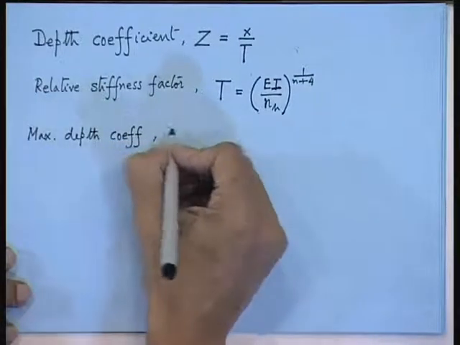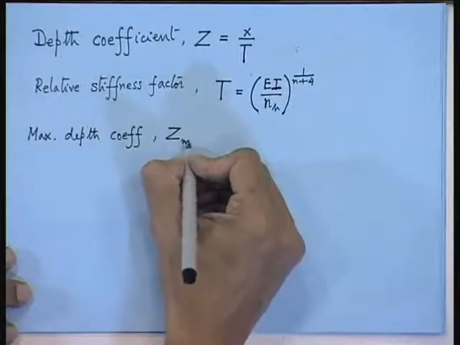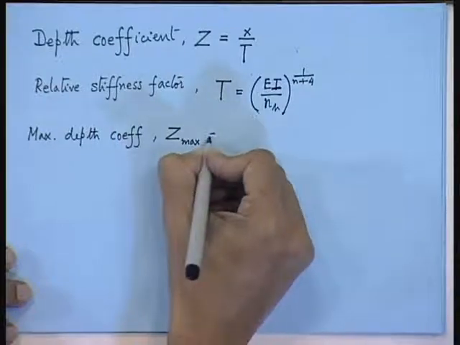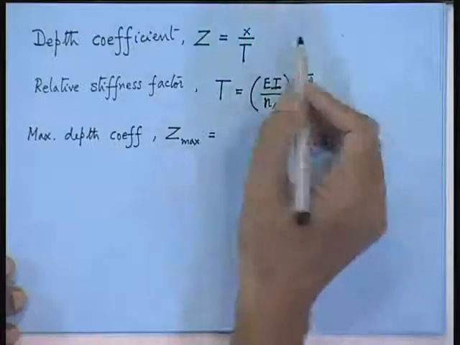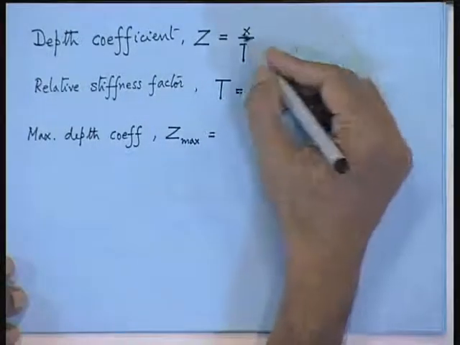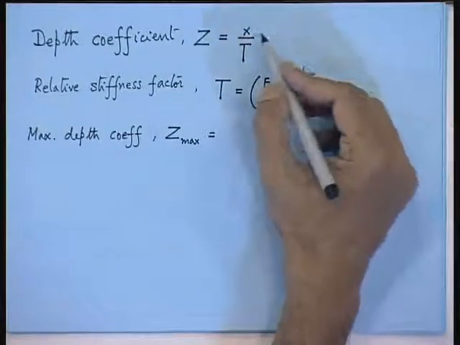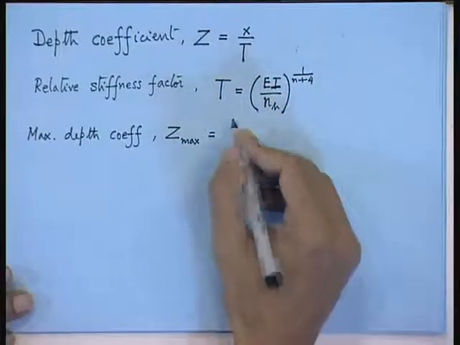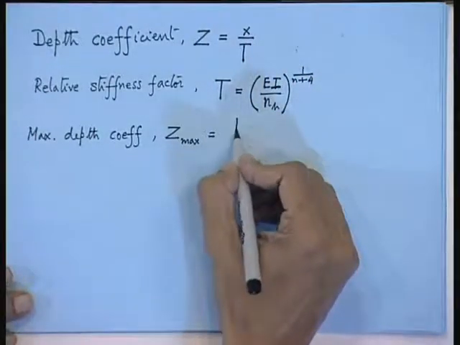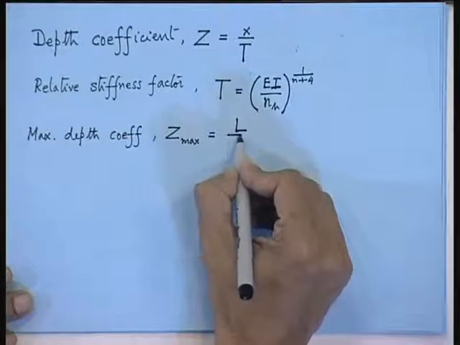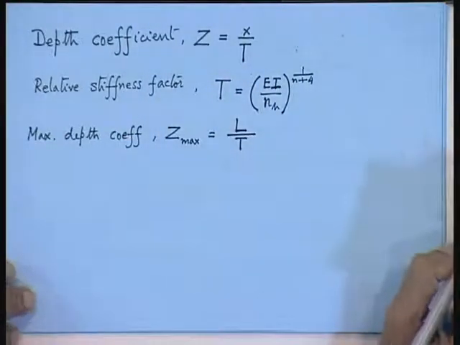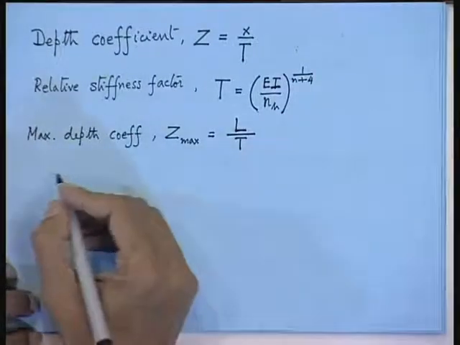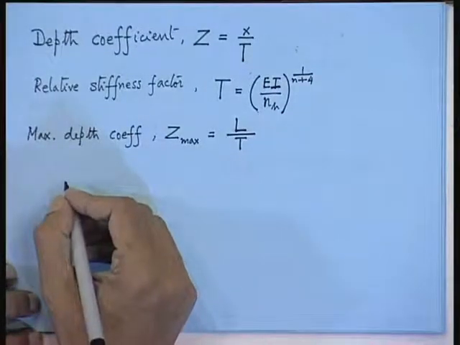So, what is the value of this? Z max. If this is your definition for Z, where X is the depth of pile, so obviously Z max will be the total length of pile, that is given by L divided by T. So, that is called the maximum depth coefficient.